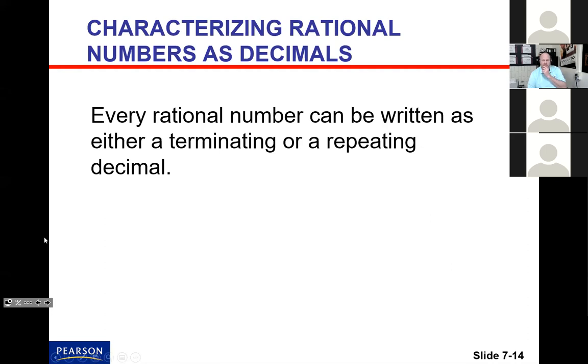Does anybody know what 0.3 repeater is as a fraction? It's a super common one. One third. 1/3. So 0.3 repeater is 1/3, right? 0.6 repeater is 2/3. Those ones are the most common.